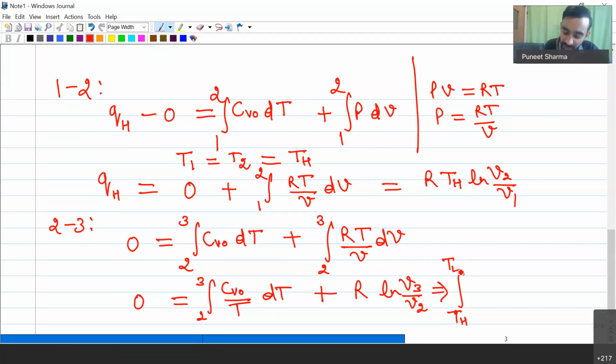So finally, I'll find the limit of integration from TH to TL of Cv0 by T dT will be equal to, now if I bring this R to the right hand side, obviously it will get a negative sign. That negative sign I can balance by taking the reciprocal of the terms inside the log. So inside the log I can simply write V2 by V3. Okay.